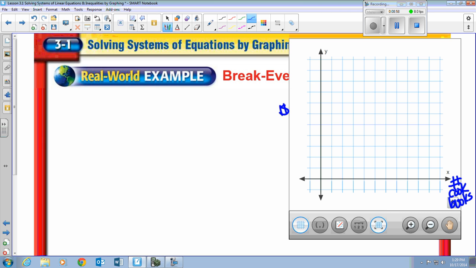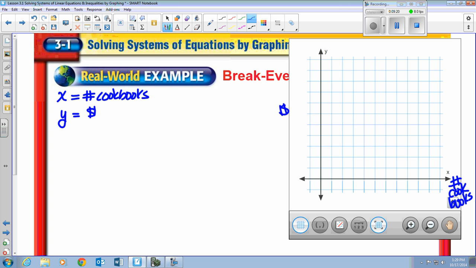So when we write our equations, we're going to define our variables. Every time I use an x, it means number of cookbooks. And every time I see a y, it means money. Because the revenue I make depends on how many cookbooks I sell. My cost depends on how many cookbooks I sell. So my money, whether it's revenue or cost, depends on cookbooks.